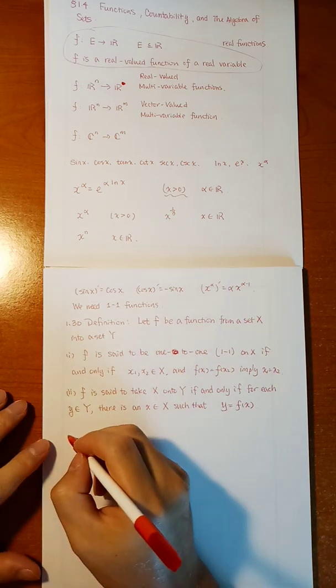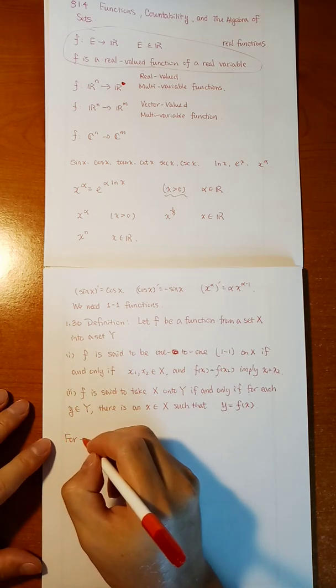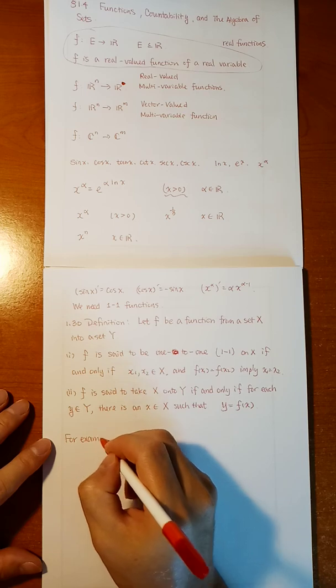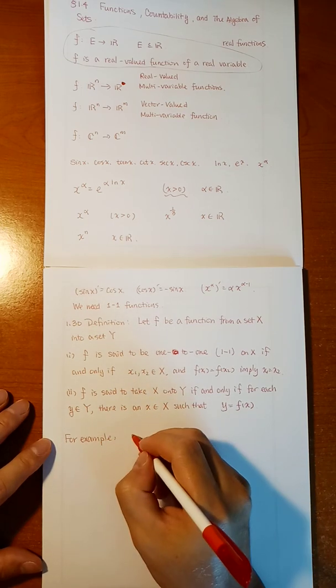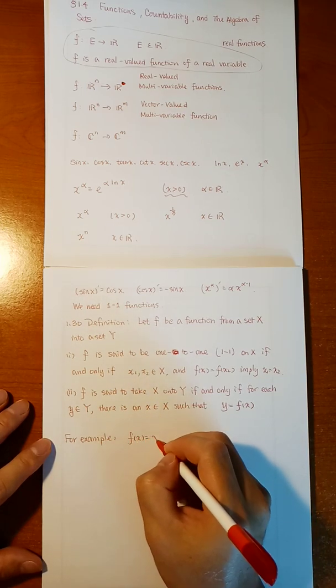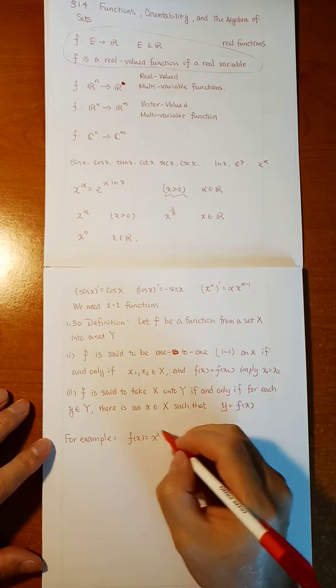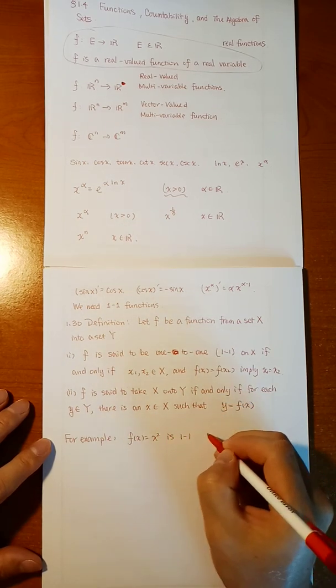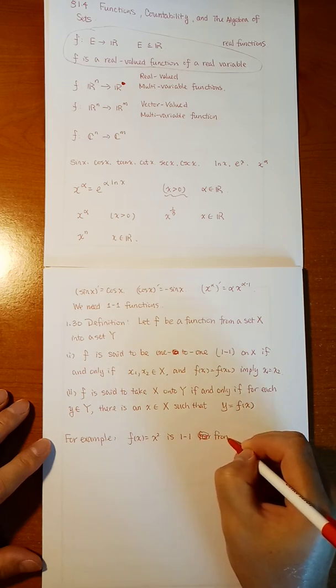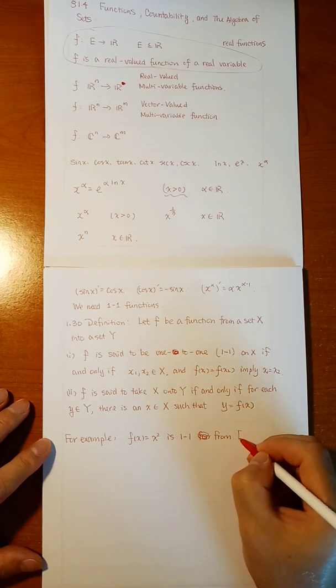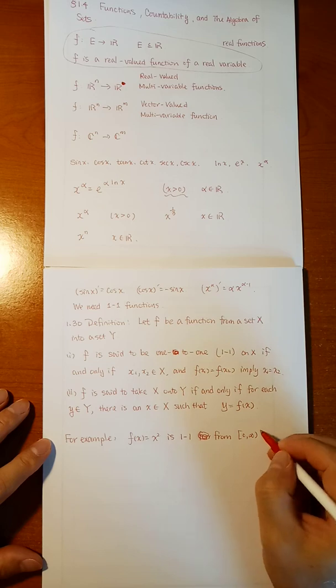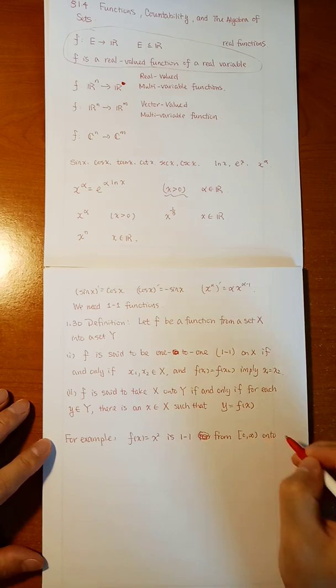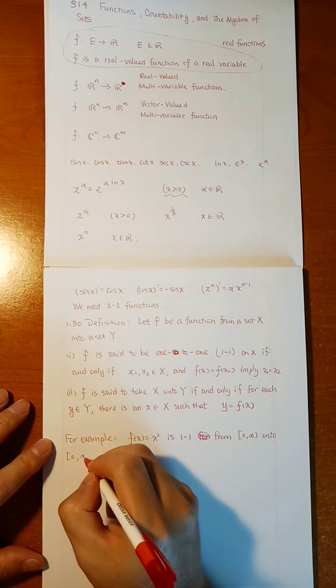Okay, so for example, f(x) equal to x squared is one-to-one from 0 to infinity onto 0 to infinity.